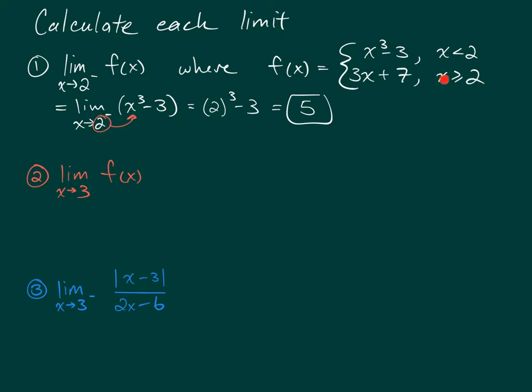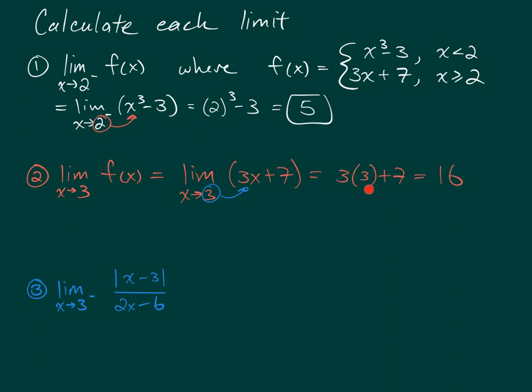So here, with x greater than or equal to 2, f of x will be the function 3x plus 7. So it can be rewritten as the limit as x approaches 3 of 3x plus 7. A direct substitution can be made, leaving the expression looking something like this.